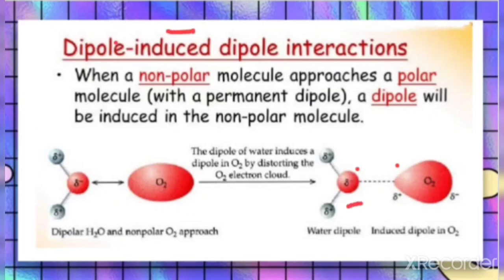Here there is a permanent dipole, but here there is an induced dipole. So the force of attraction between the dipole and induced dipole is called dipole-induced dipole interaction, and it is shown here in the dotted lines. So this is about the dipole-induced dipole interaction.